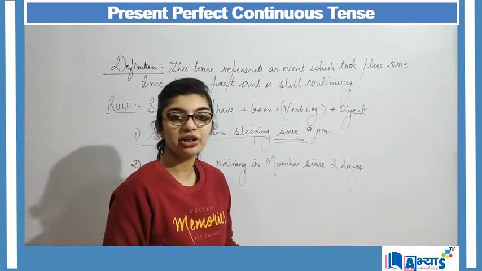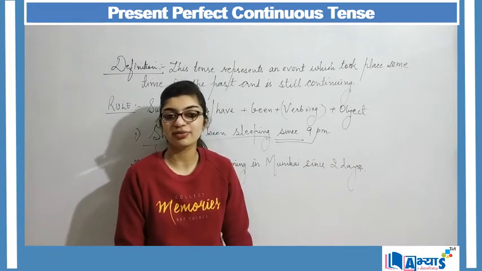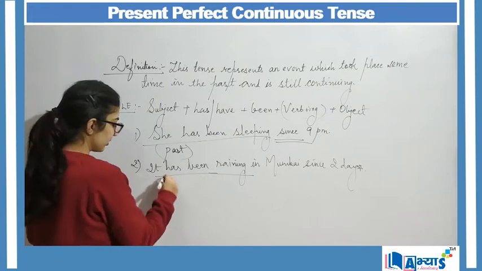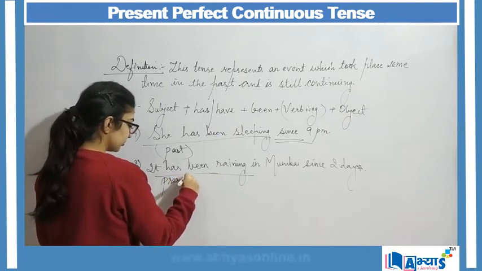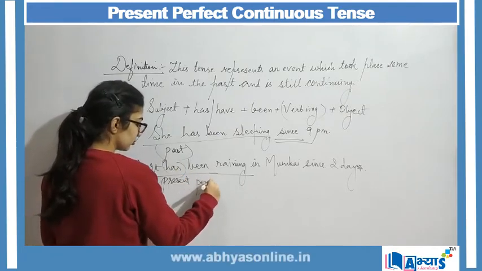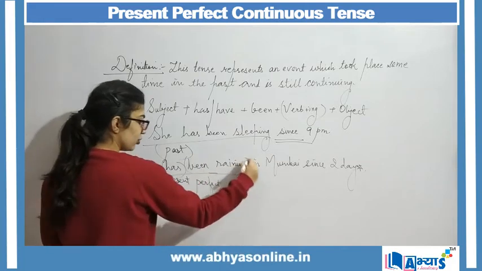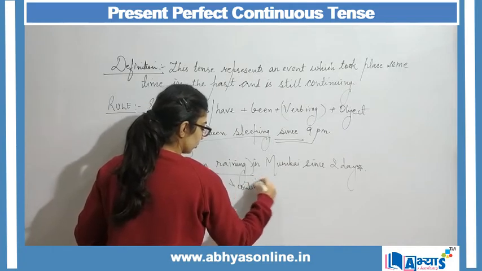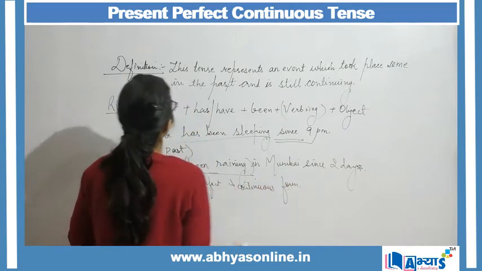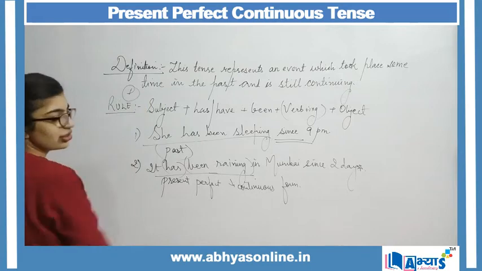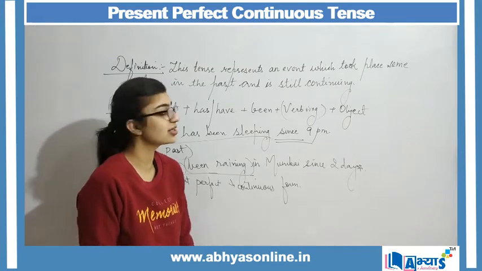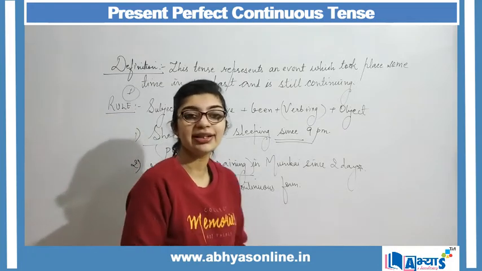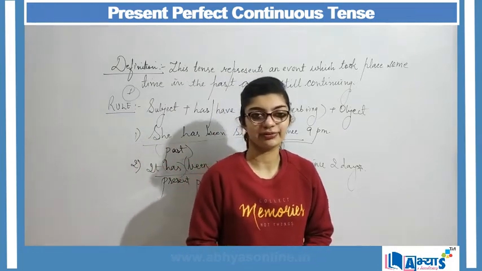It is still in continuation. Right now also it is raining. So present perfect, and this shows my continuous form. So now this is the first application of present perfect continuous tense to depict that some event took place in the past and it is still in the continuation.